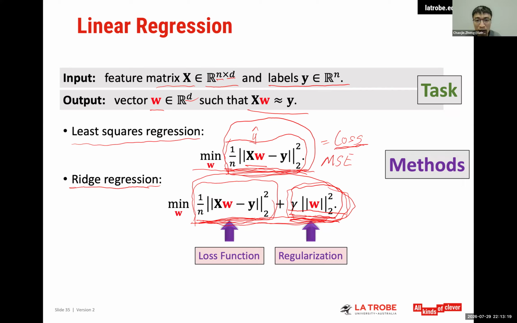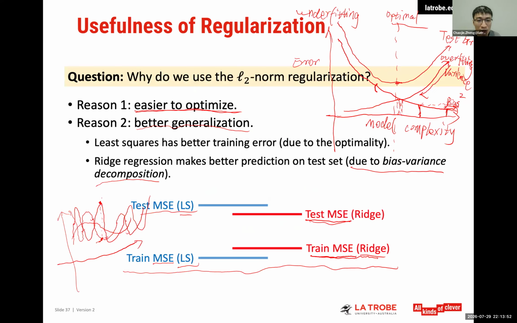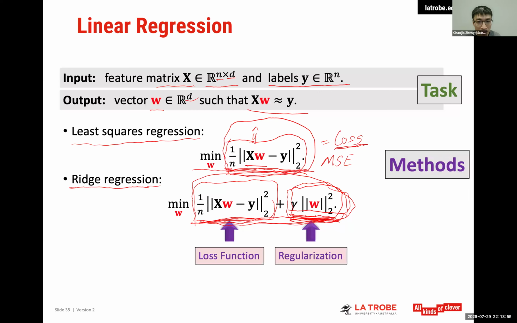And the smaller the W value, or the closer the value to 0, the smaller the regularization term will be. So in this way, the ridge regression can reduce the complexity of the model. But the ridge regression or the L2 norm regularization can only send the weight parameter towards 0, but most of the time cannot make it exactly 0. So the ridge regression cannot do the feature selection. It can only be used to reduce the model complexity.